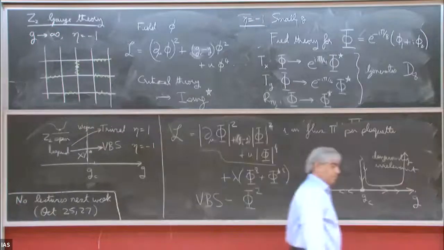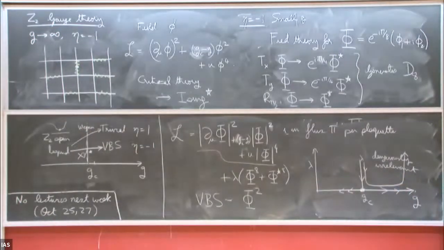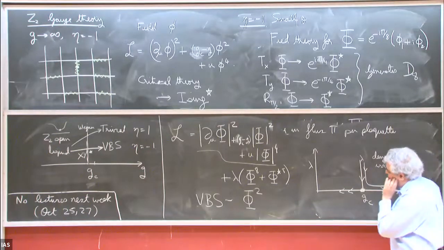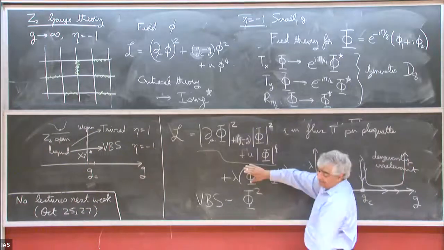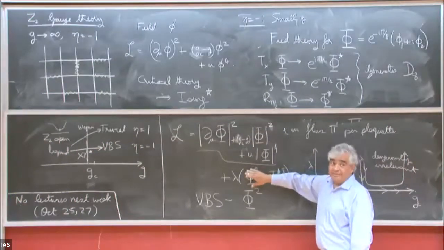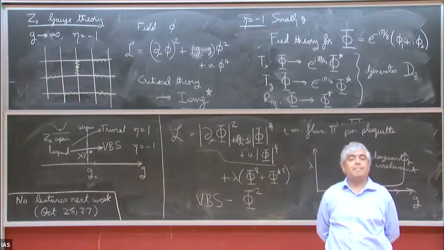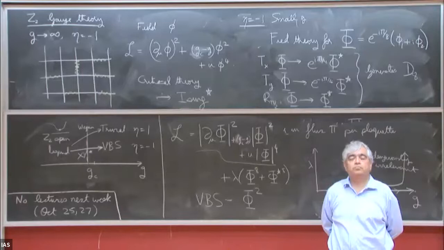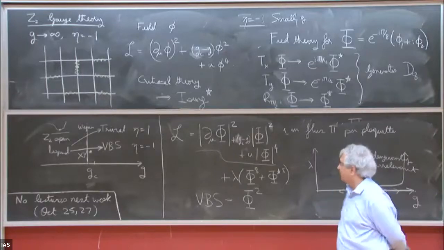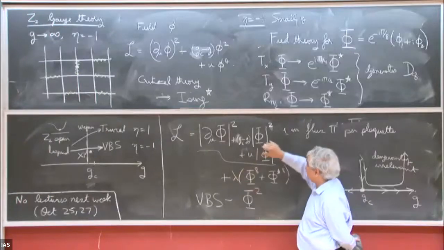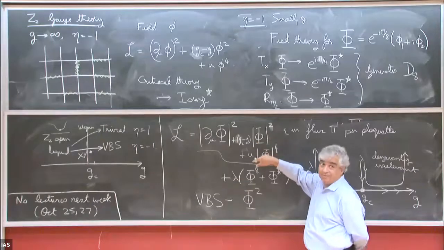So is this Lagrangian dual to any other field theory, like the XY model, as in particle-vortex duality? Yeah, so you may know, for example, that the XY model is dual to the Abelian Higgs model. Say that again. Yeah, I mean, is there any dual theory of this Lagrangian? Yes, I'm telling you. So if I remove this term, then this is the Abelian Higgs model.